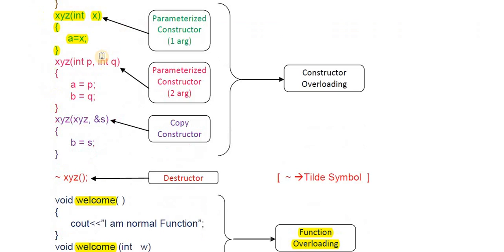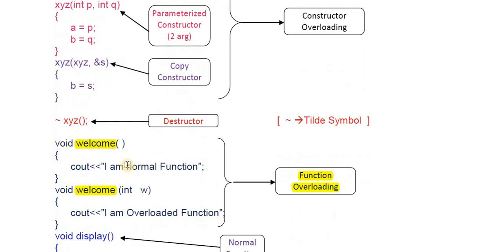Only the class name is different, but the functions have the same name. These are normal functions having the same name but different parameters. Here there are no parameters, and in the second function only one parameter is used. So these two functions have the same name but different parameters, so they are overloaded functions.